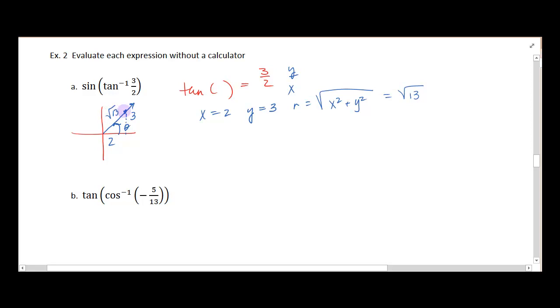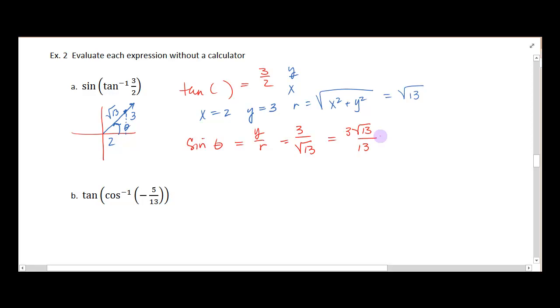Then I come in and evaluate, in other words, my angle theta at sine. So the sine of theta is given by the definition of our trig functions, that would be y over r, and I just found out what x, y, and r happen to be, and that becomes 3 over the square root of 13, or 3 square roots of 13 over 13 if we rationalize the denominator.